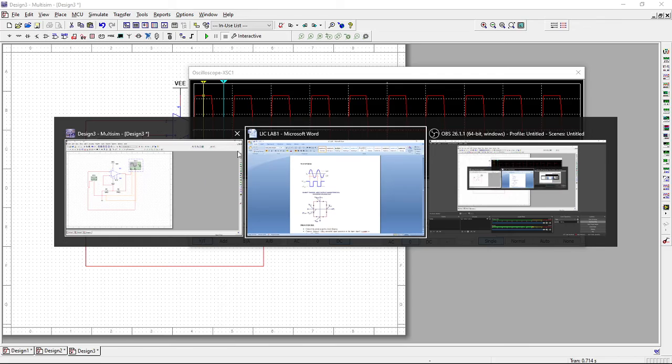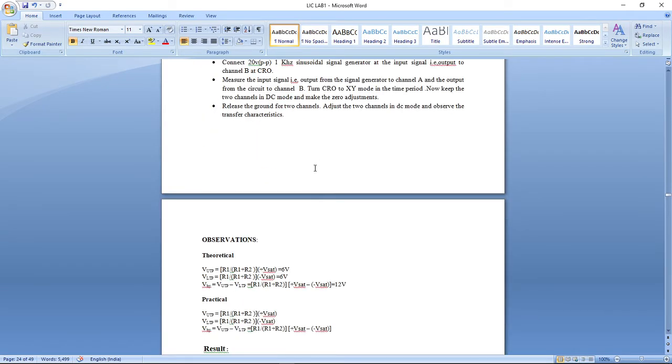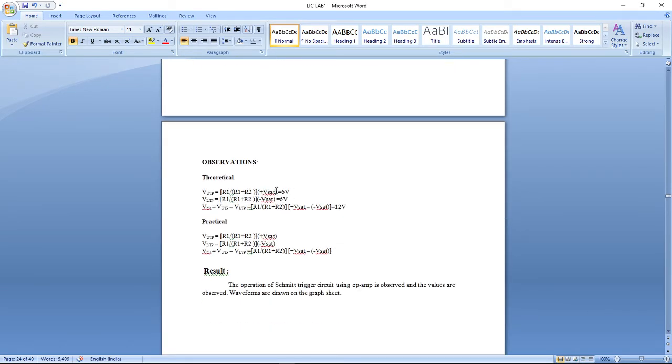Coming to the theoretical calculation, the UTP, the upper threshold point, is R1 by R1 plus R2 into plus VSAT. Without knowing plus VSAT and minus VSAT, we cannot get the values of UTP and LTP.